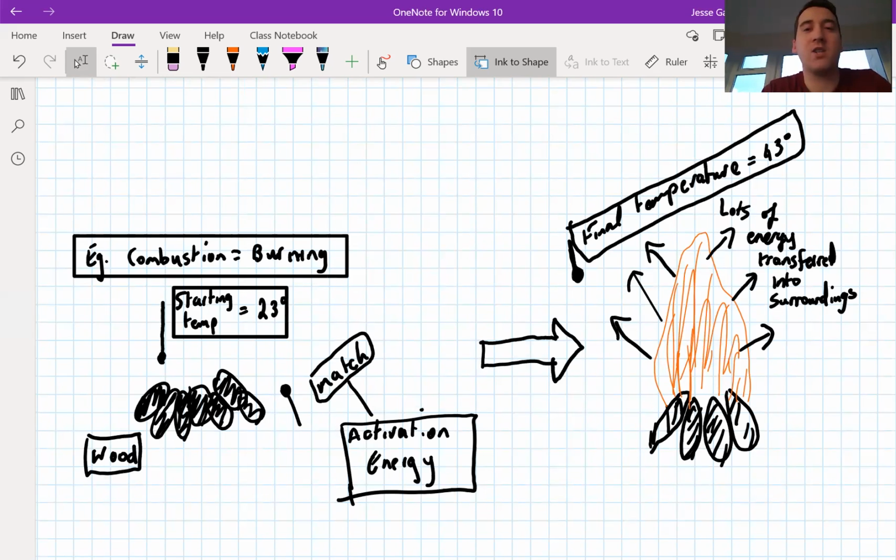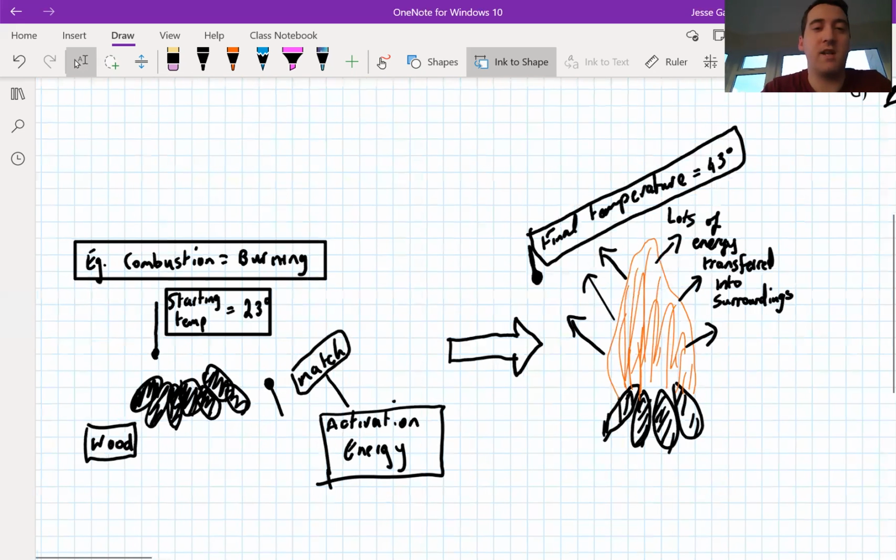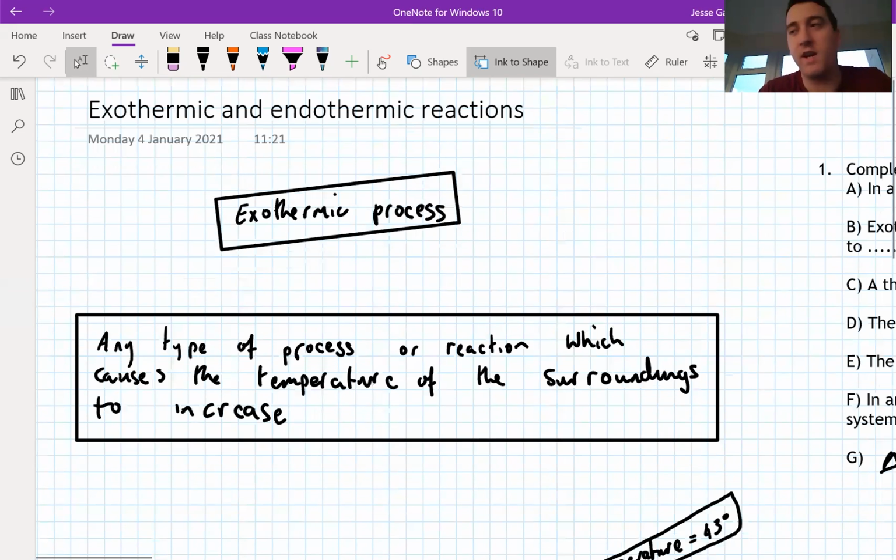There's no chemical reaction there, that's a process, melting, but energy is still moving. Actually, energy is going into the ice cube. So that isn't going to be an exothermic process. It's going to be a different type of process. But energy is still able to move, even though it's not a chemical reaction. That's why I'm using the word process.